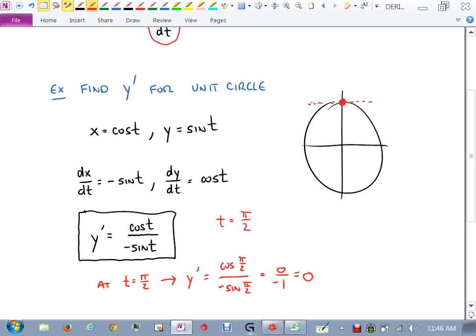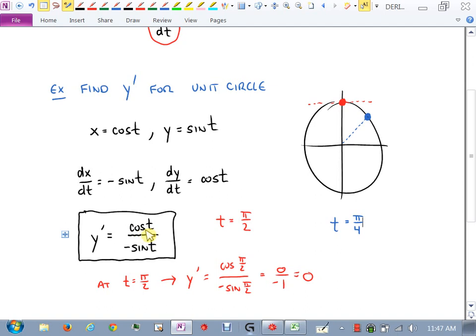All right, let's do something a little more interesting than that. How about this point here at pi over 4? It should be whatever cosine of pi over 4 is.